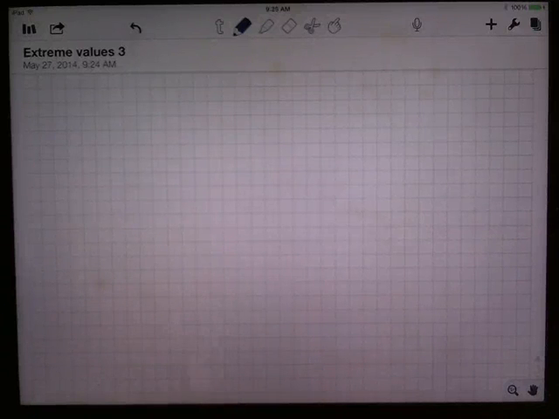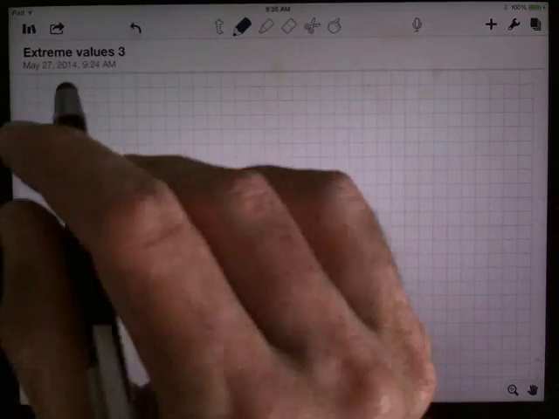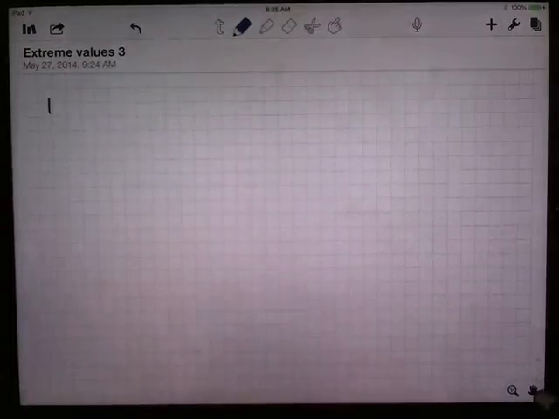All right, one quick definition here, and then let's find extreme values. So my definition is this.